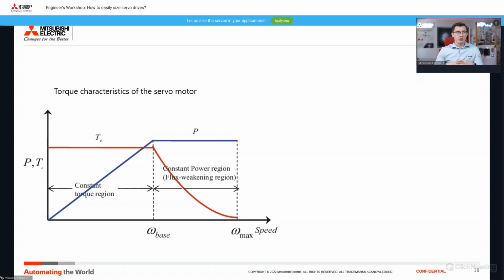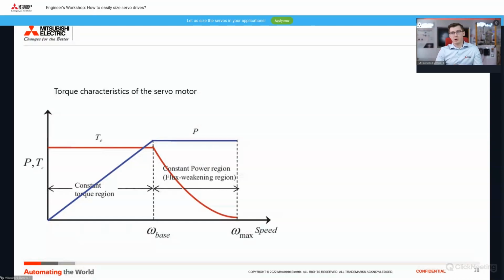So let's look at this torque characteristic of the servo motor that you can see. The difference is that for the synchronous motor, for the typical servo motors, the torque from 0 to the rated speed is constant. Of course, in some motors it can be a little higher at 0 and a little lower at the rated speed, but more or less in most cases it is constant.